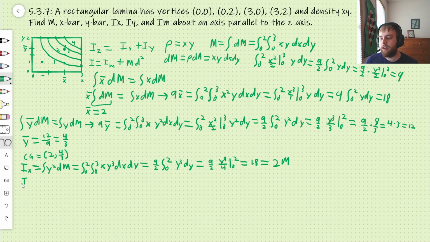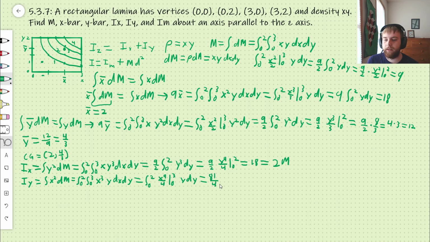And for our Iy, we do the same sort of thing, but this time with x squared dm. So we write this all again. This time it's x cubed y dx dy. So this gives us the integral from 0 to 2 of x to the 4th over 4 from 0 to 3, y dy. So this is going to be a constant, and the constant is going to be 81 over 4.